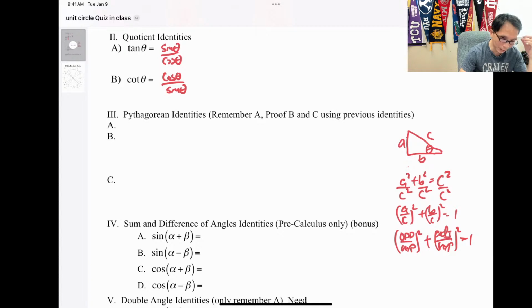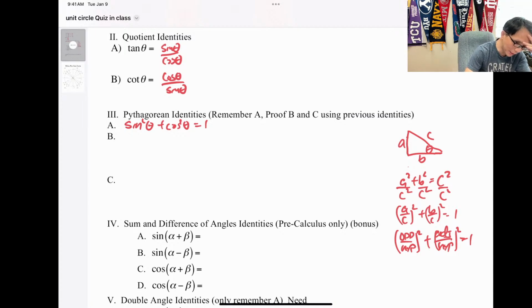And that's equal to 1. And then that becomes sine squared of theta plus cosine squared of theta is equal to 1. Now please write theta. I know some people were lazy last year and just wrote down sine squared. There's no such thing in math as sine squared. It's sine squared of theta. Don't be lazy, write it down.